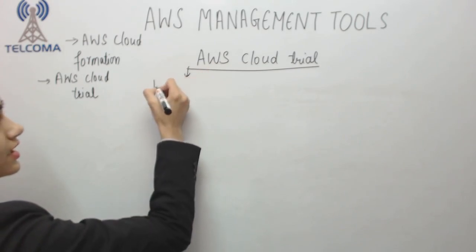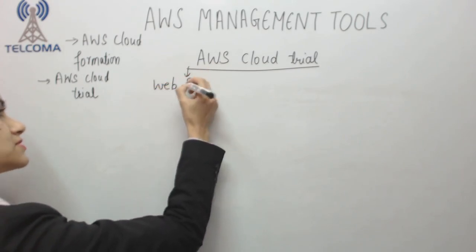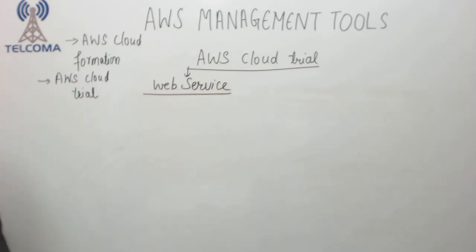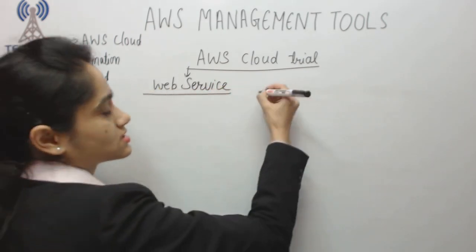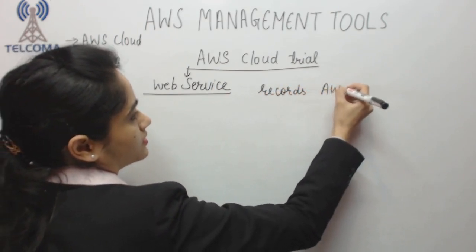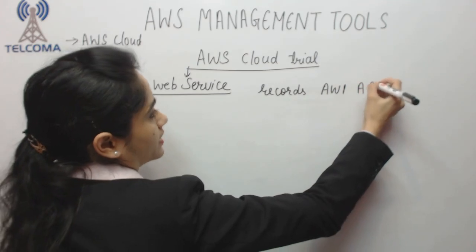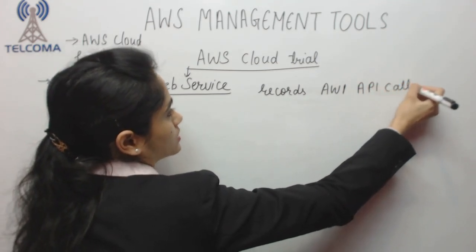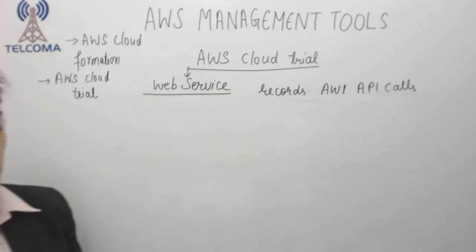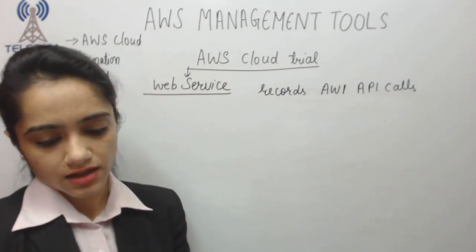So, CloudTrail is basically a web service. Now, this web service records AWS API calls. That means it has a function that it can record all the API calls for an account.